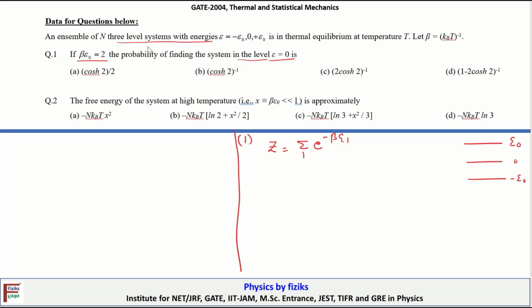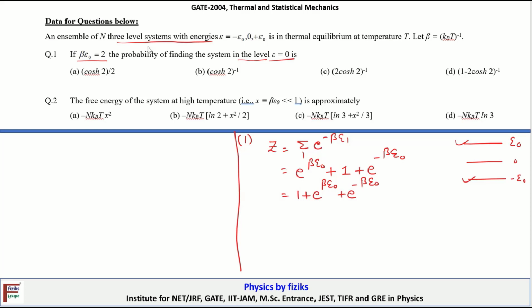So this is equal to exponential of beta E0 corresponding to this level, plus exponential of beta multiplied by 0, which gives 1, plus exponential of minus beta times the energy of the third level, E0. That is equal to 1 plus exponential beta E0 plus exponential minus beta E0.